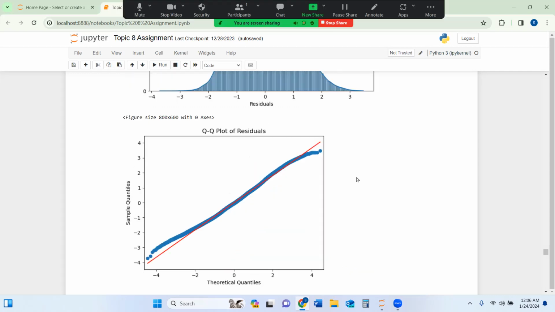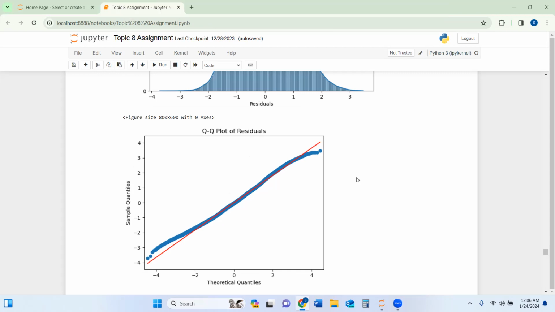I also have here a QQ plot of residuals, and there are comparisons of the distribution of residuals against a theoretical normal distribution. The residuals roughly follow the diagonal line, indicating that they're not significantly deviating from normality.